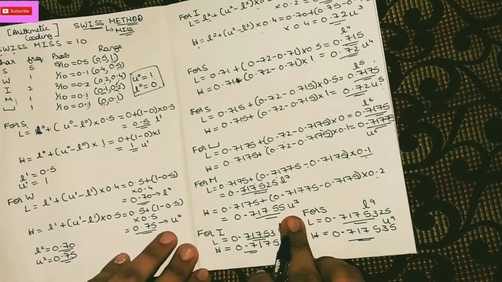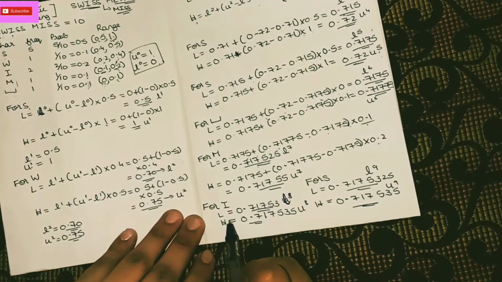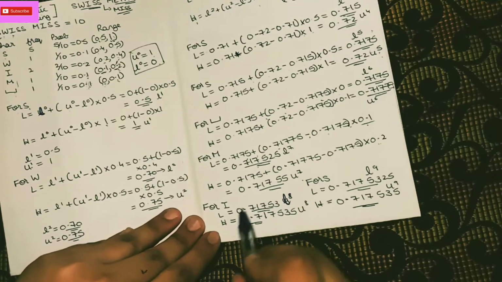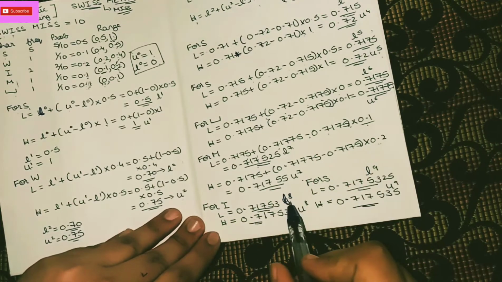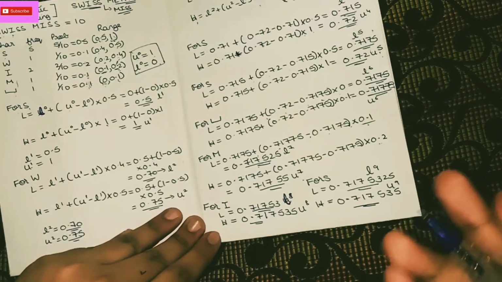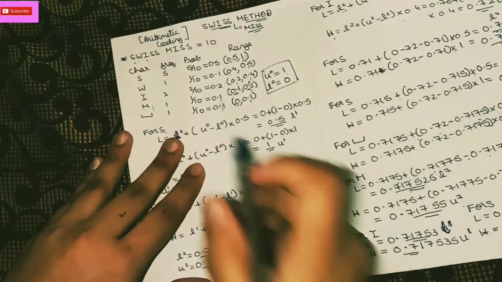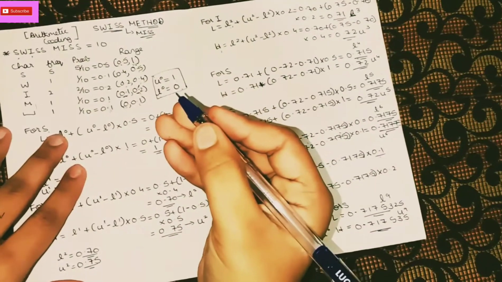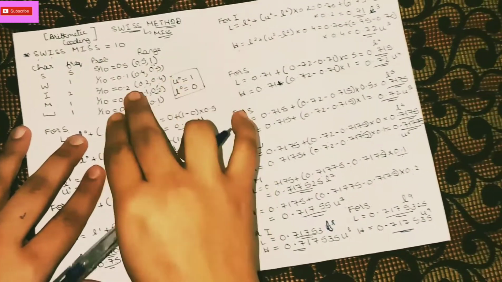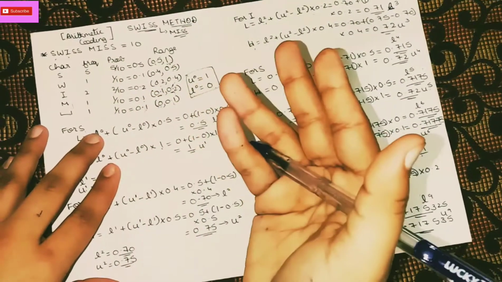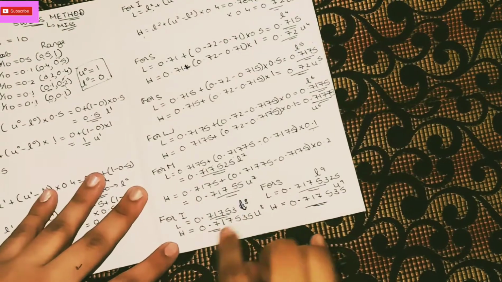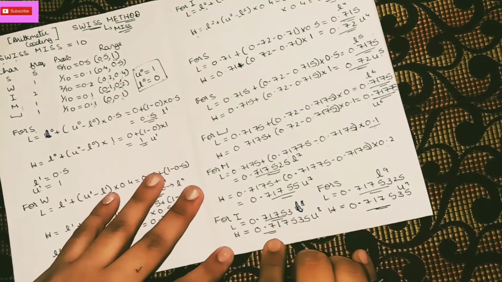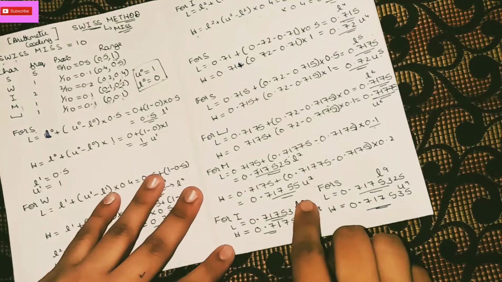Now we'll encode I. For I, according to the equation and considering the values of L7 and U7, that is L7 plus U7 minus L7, into the lower limit of I, which is 0.2, and the higher limit of I, which is 0.4, you will get the answers 0.71753 and, for the higher limit, 0.717535, that is L8 and U8.